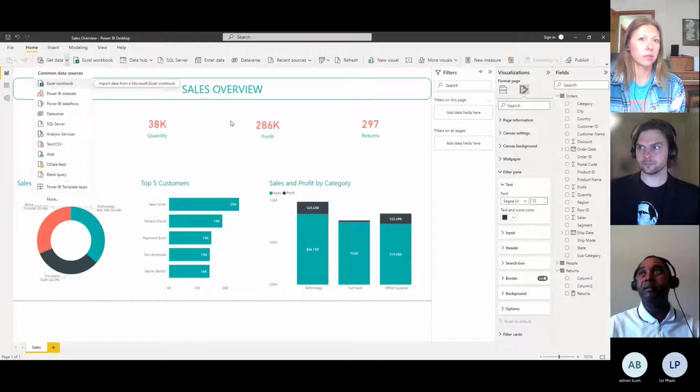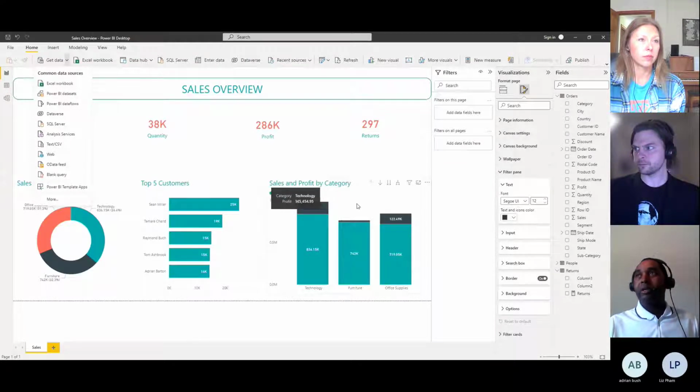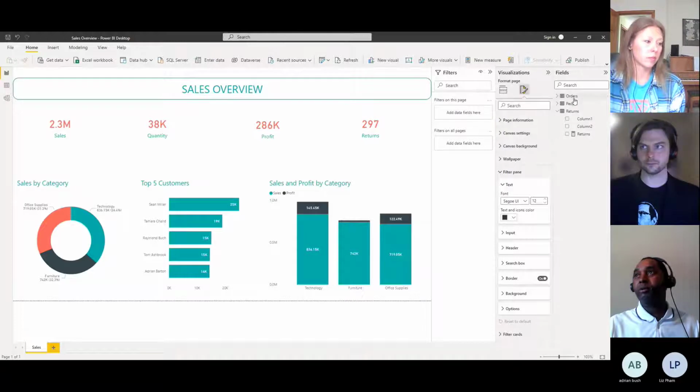After obtaining data, it took me to these categories. So there was a category for orders, and then a category for people, as well as a category for returns.